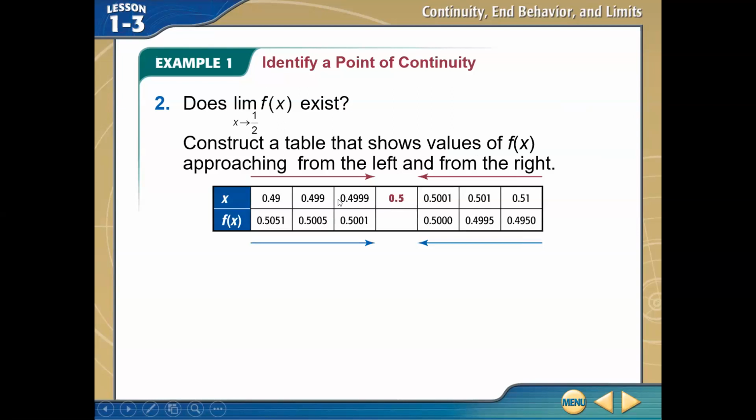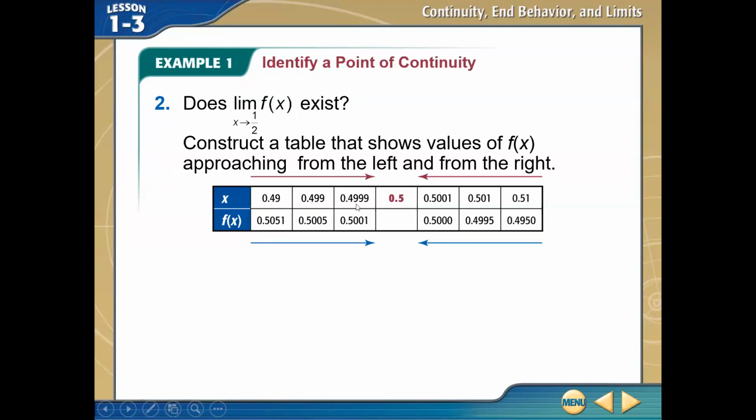Okay, the way that we do this is we construct a table. You can see coming from the left, and here's 0.5 or 1/2. You can see we go from 0.49, which is just a 100th away, but then we go to 0.499, which is 1,000th away, so getting even closer.